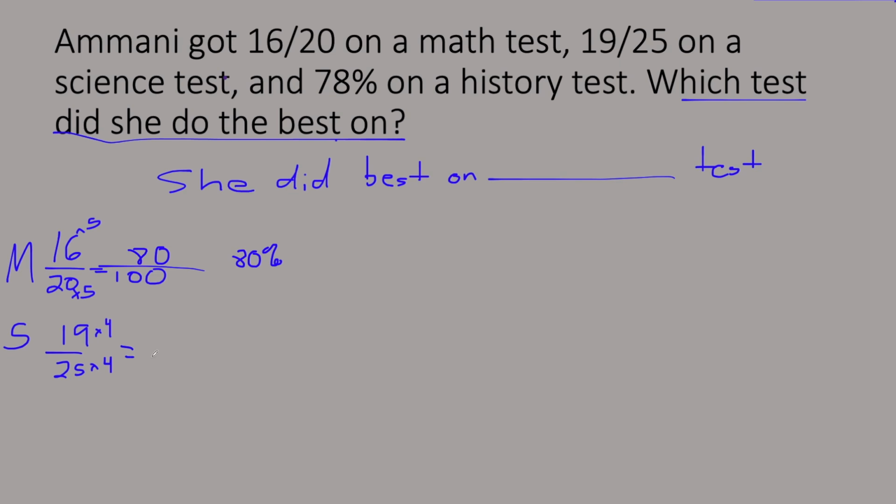So I have 100. If I multiplied 20 by 4, that would be 80, and then I'm going to subtract 4, which is 76, using my number sense here, and that's going to be 76%. And then I have my history test here, and we're at 78% there. Okay, so which one did she do the best at? Well, math. Of course she did, because this is math class.